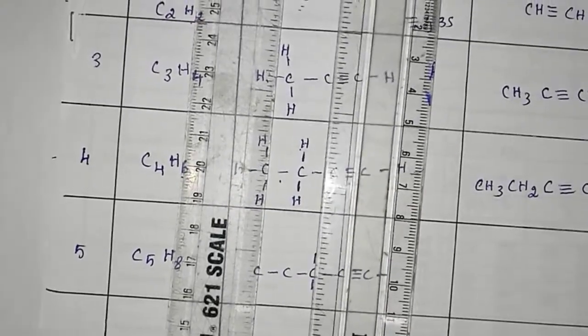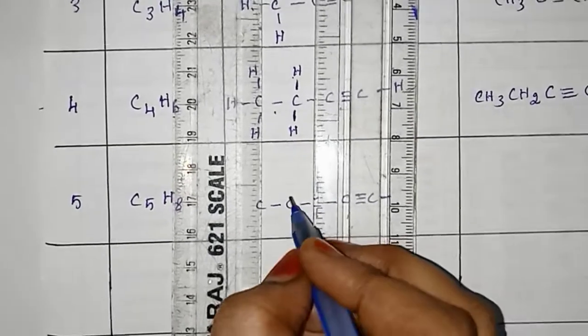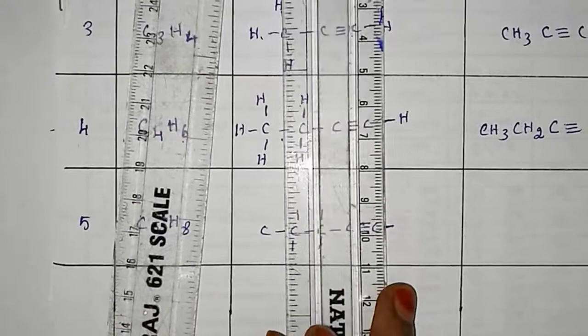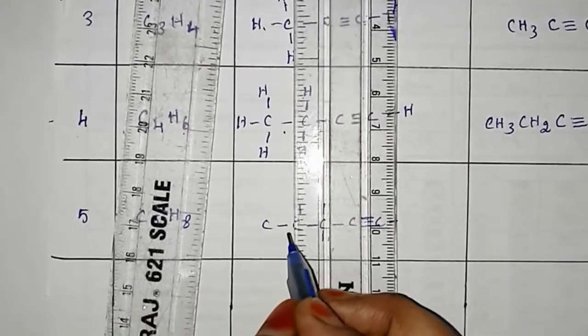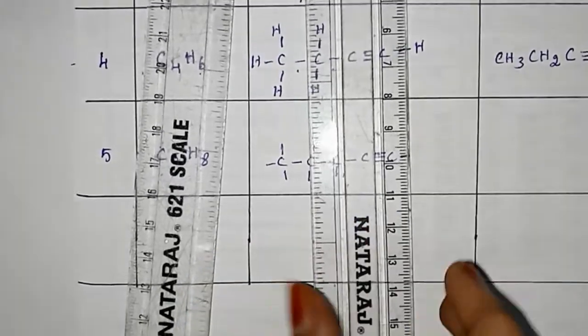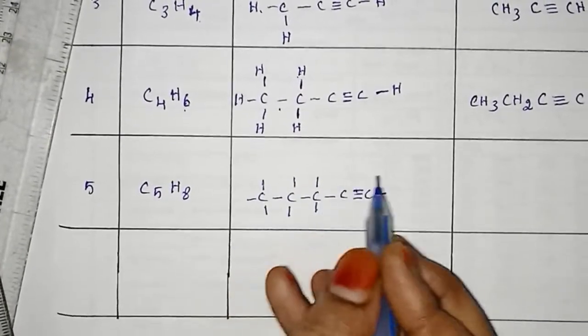And next, this carbon also contains 2 bonds. It needs 2 more bonds. So finally, the last carbon contains only one bond, so for satisfying tetravalence we add 3 more covalent bonds. Okay. So now this is the place for hydrogen.